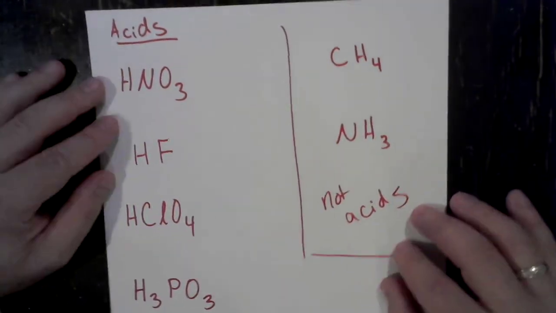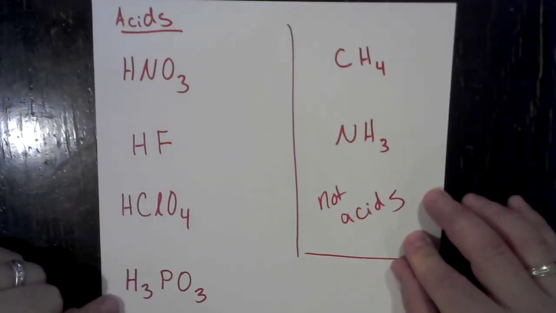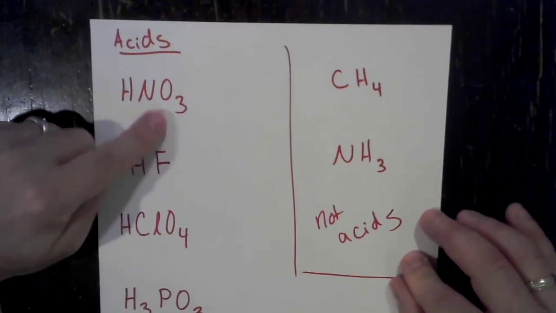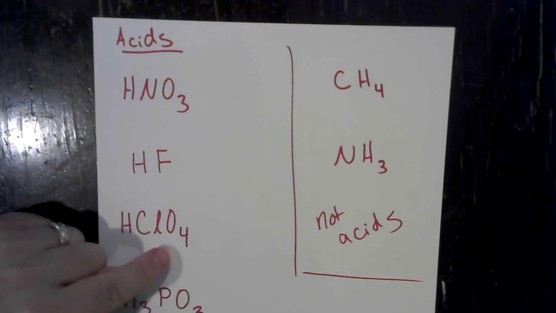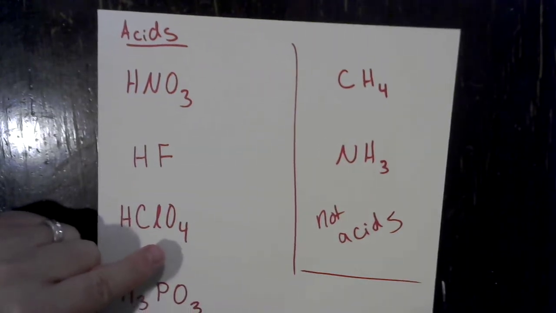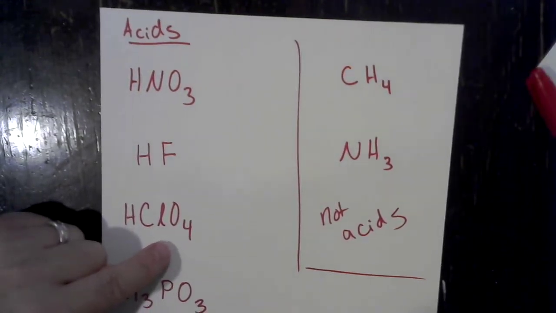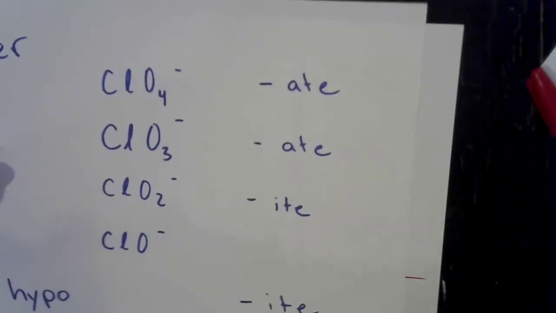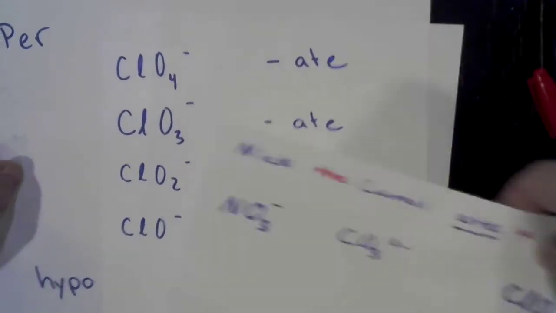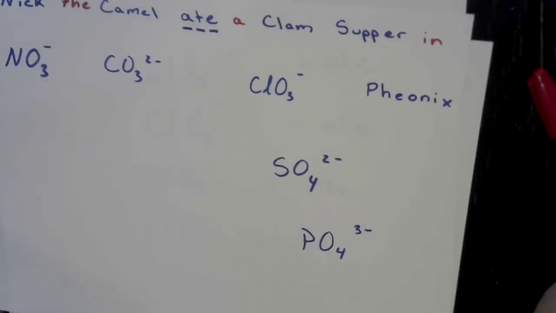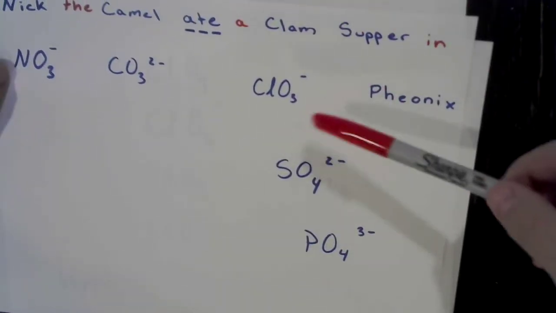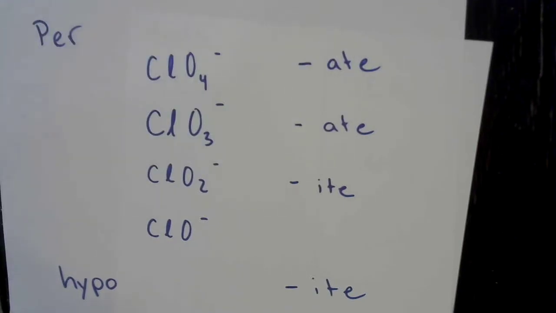All right, I said identify your acid. These are starting to look like some acids to me. I should find something identifiable on this back side here that looks like an anion that maybe I'm accustomed to. So you guys are probably going to get tired of me flipping back and forth through all these different pages from these other videos. But remember, we have these different ways where we can identify our anions. So I had the Nick the Camel phrase from a video.